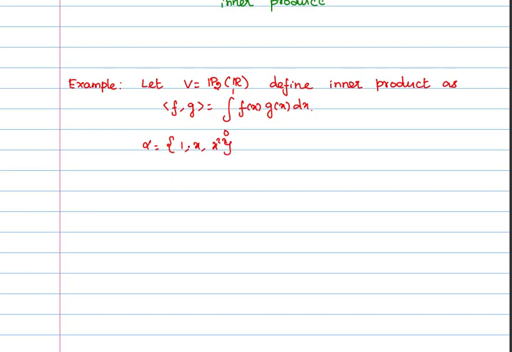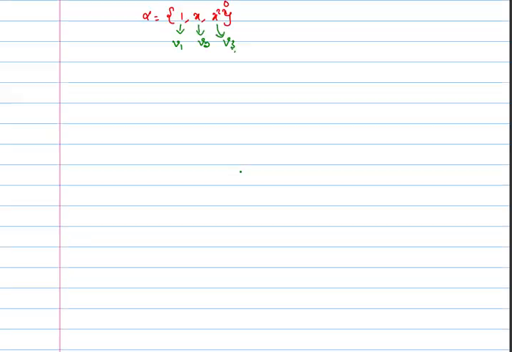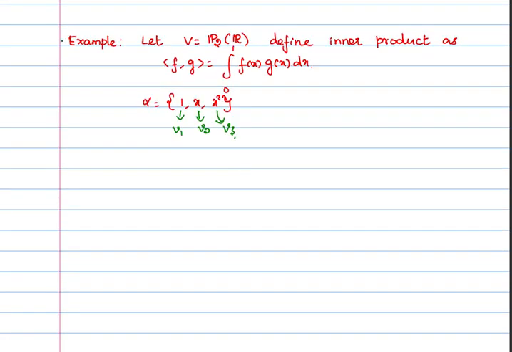This is my basis: this is my V1, this is my V2, this is my V3. Now I want to find the matrix representation. How can I start?